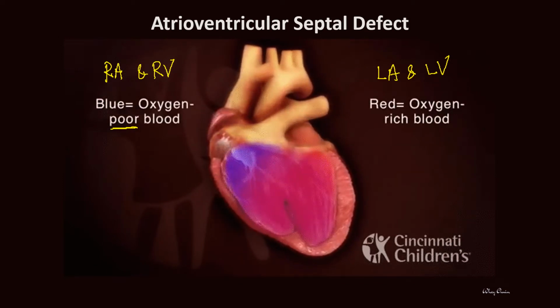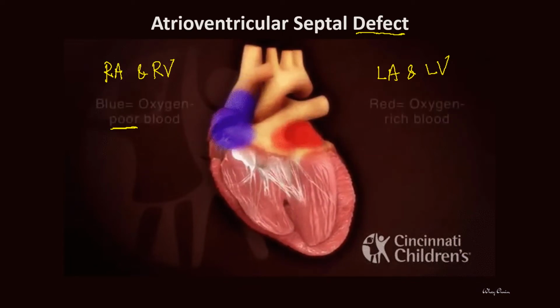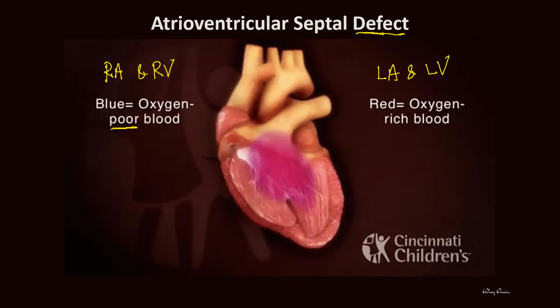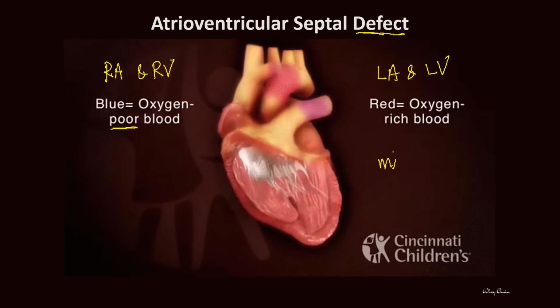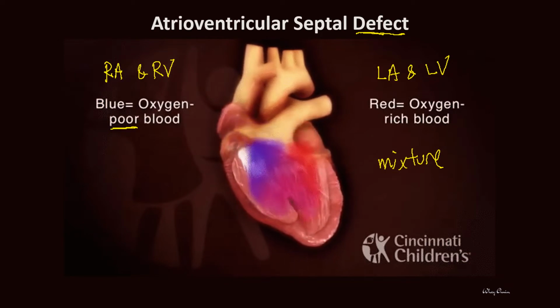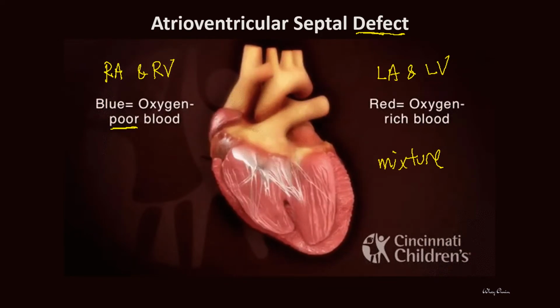If there are deformities found at the septum between the atria or between the ventricles, the mixture of blood can happen, which can decrease the efficiency of gaseous exchange at the lungs or other body tissues.